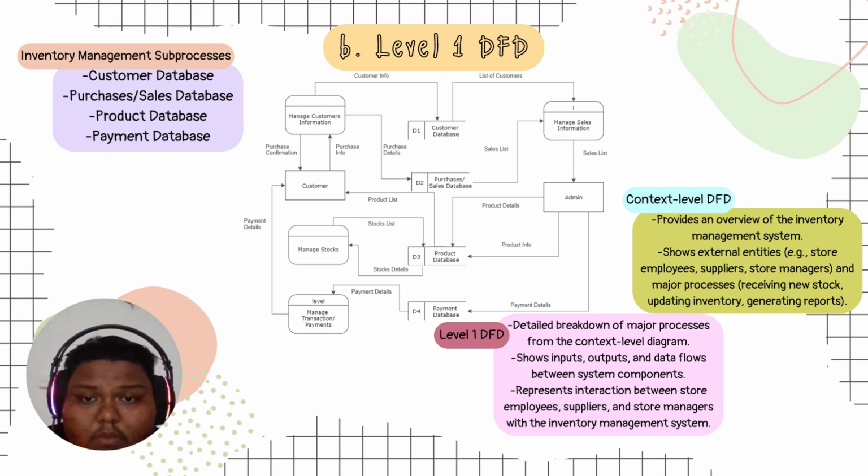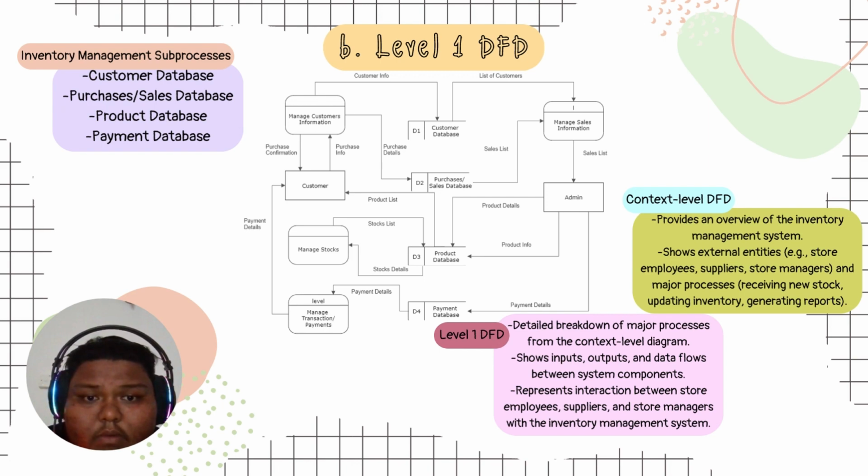As a customer, we can purchase and get a confirmation of what we pay, and the confirmation goes into the customer database, and the admin can access the customer database to retrieve the data.